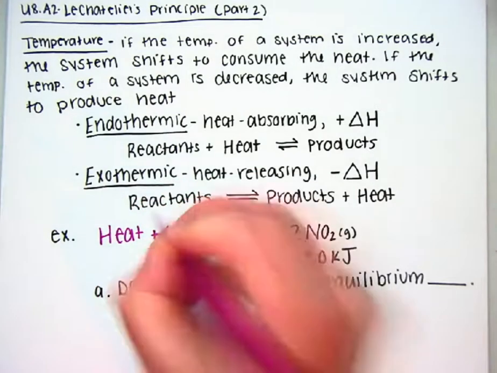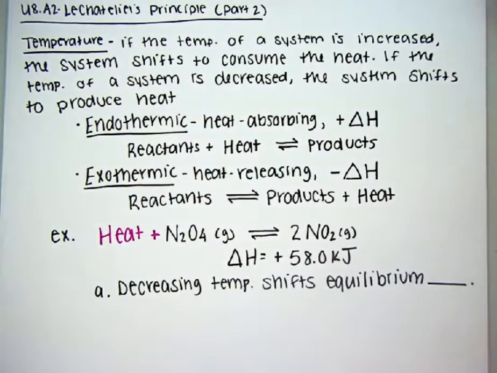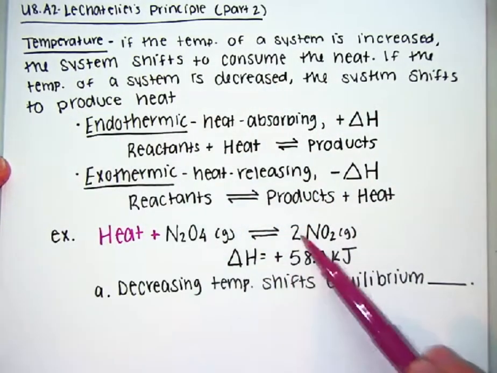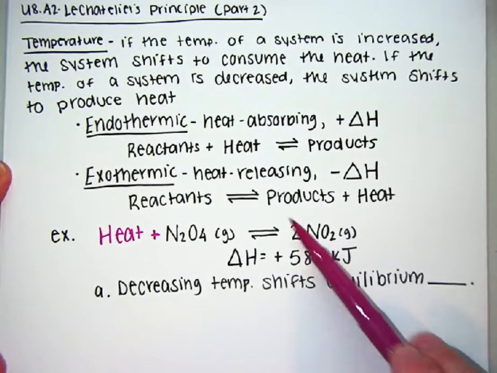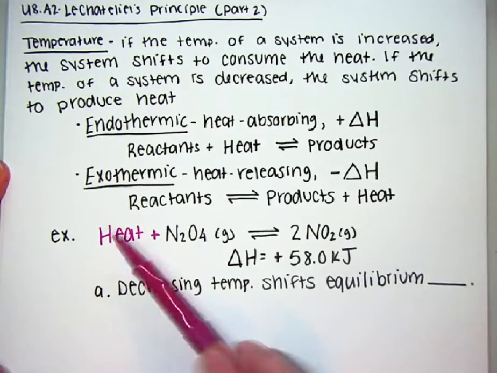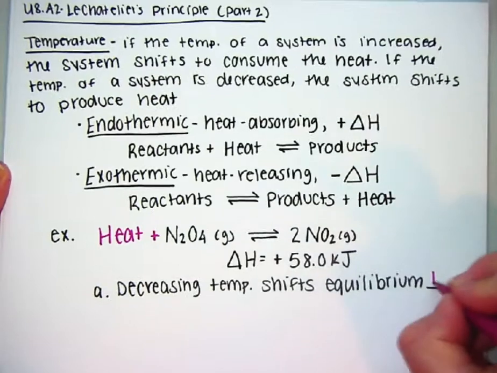That's going to help you visualize what happens. So now I decrease temperature. Well, the way that we reduce that stress is to increase the temperature. So the system shifts to produce heat. If I want to produce more heat, it's going to shift to the side that heat is on. So equilibrium shifts left.